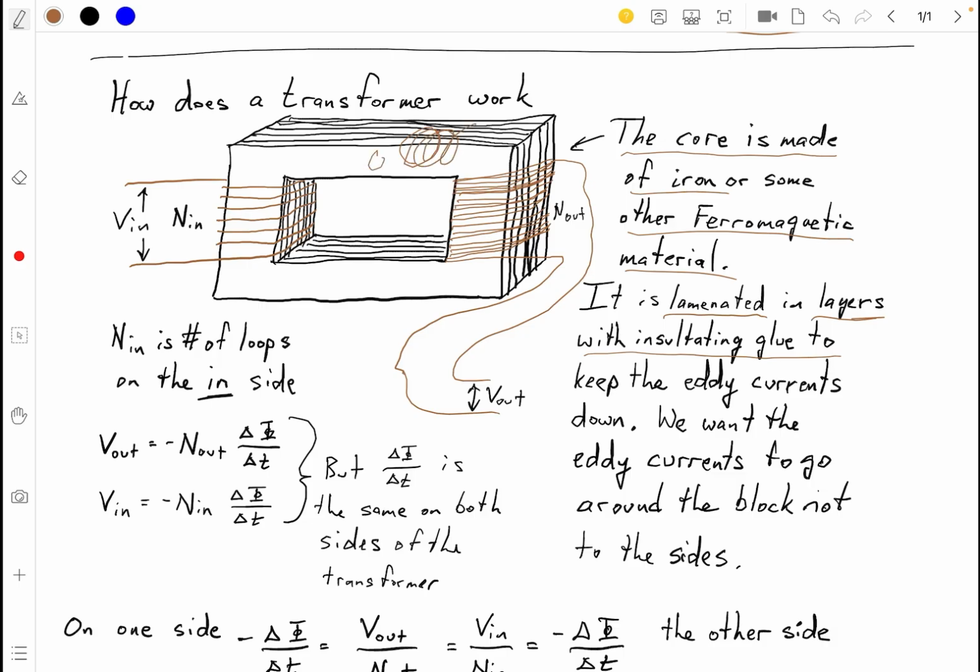They have to only go through each of the laminations. This way is okay. We're okay with this happening, but we're not okay with this happening. So that's why they put the insulating glue in between the different layers. That keeps the eddy currents down and not allowing them to go sideways.